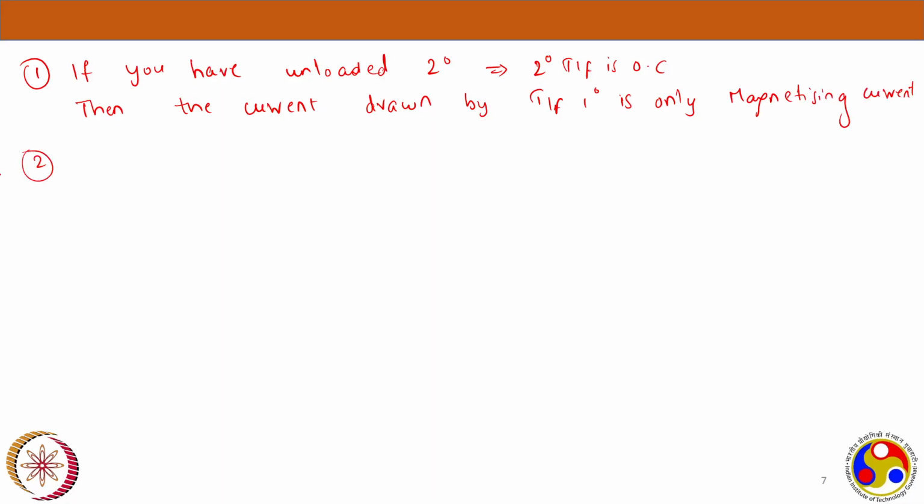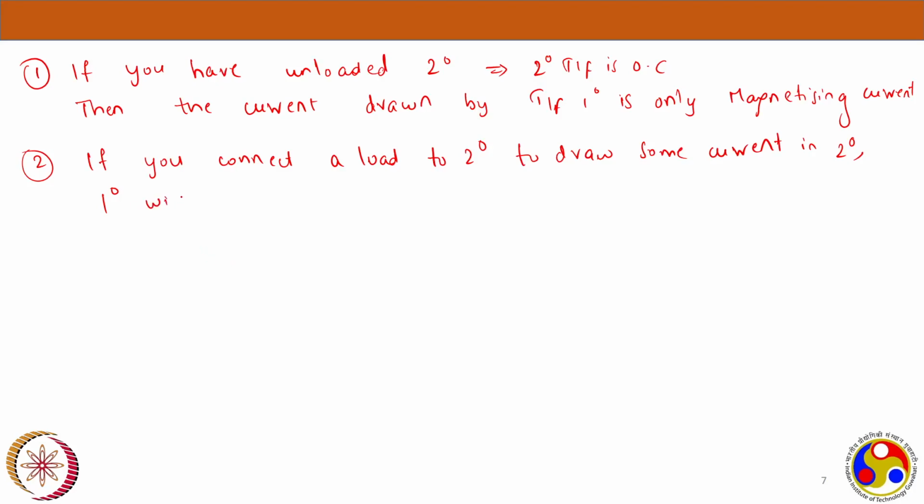And the second important point is, if we close the secondary with some impedance, some load, to draw some secondary current, the primary would not just look at this and do nothing about it, but it will also immediately react.